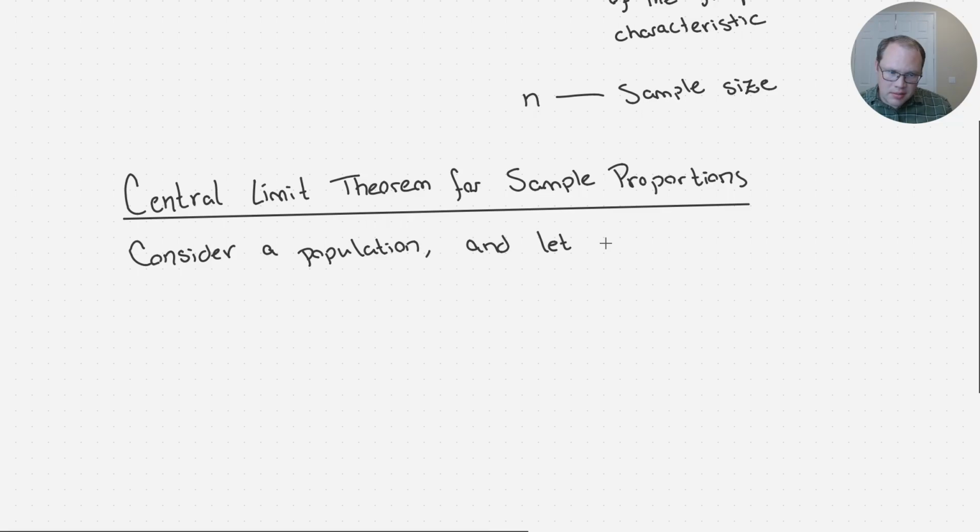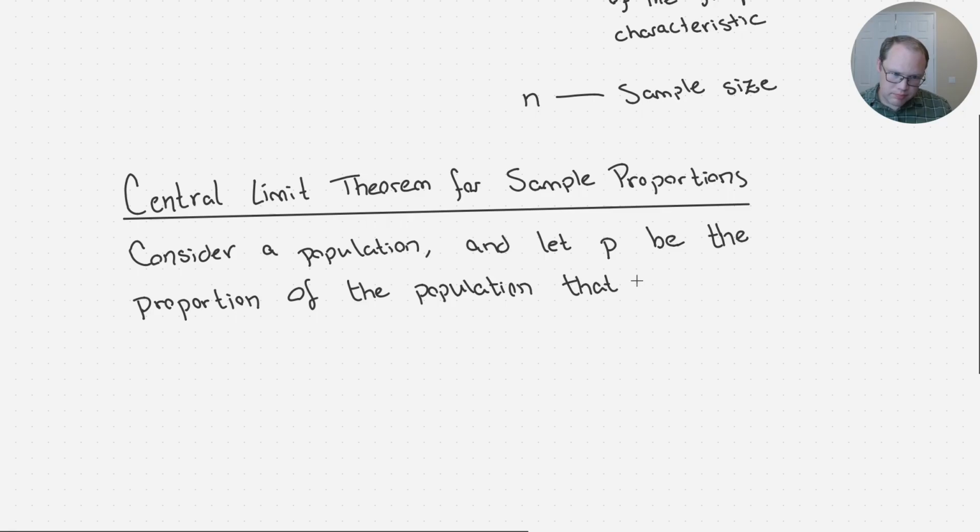And let P be the proportion of the population that possesses some characteristic. Okay, so just the population proportion for something that we're measuring.